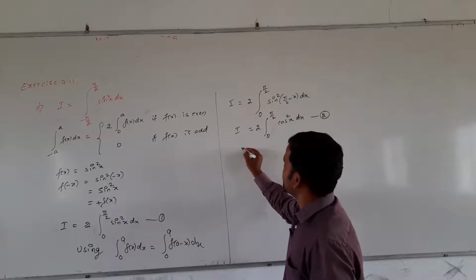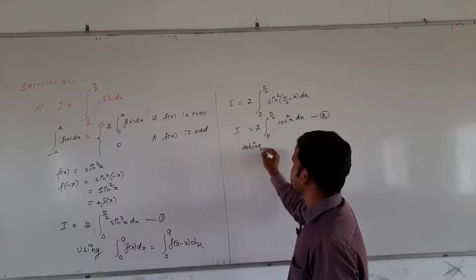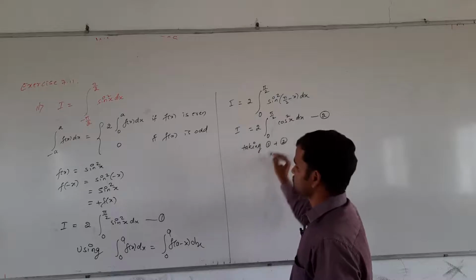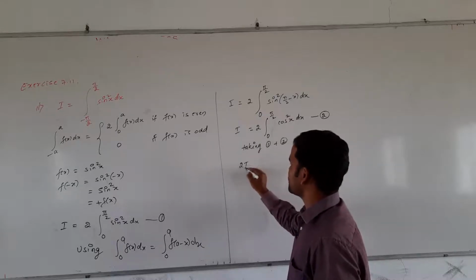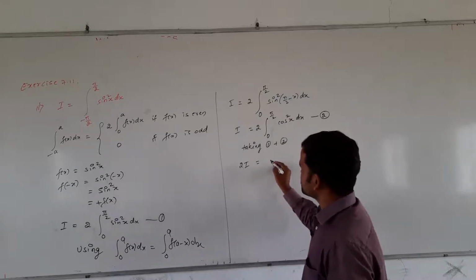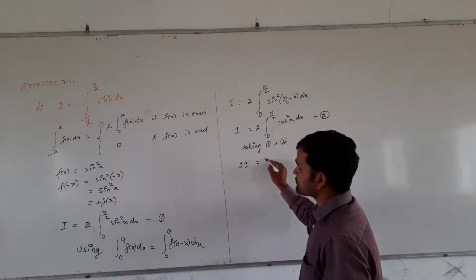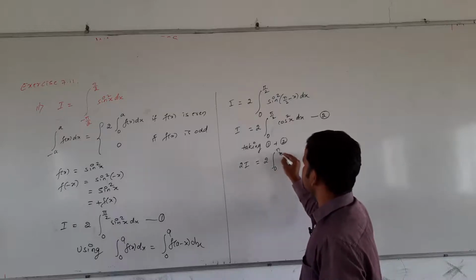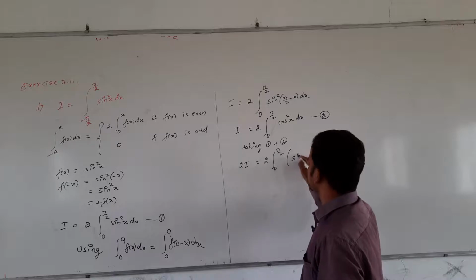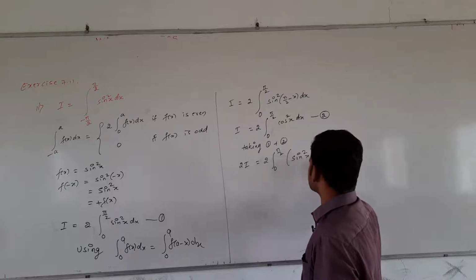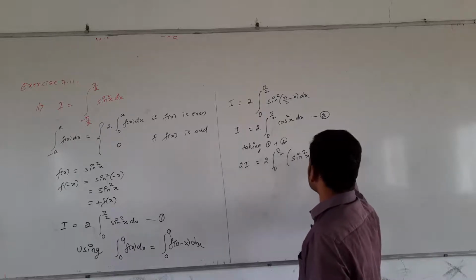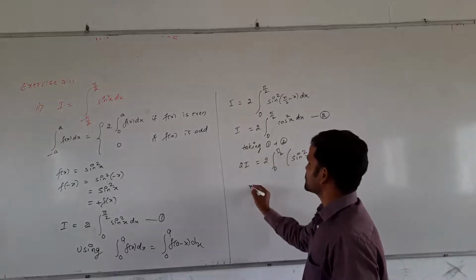Now adding equation 1 and 2: left hand side I plus I is 2I. 2I is equal to right hand side, which is 2 times integral from 0 to pi by 2 of sin square x plus cos square x into dx. 2 gets cancelled out.